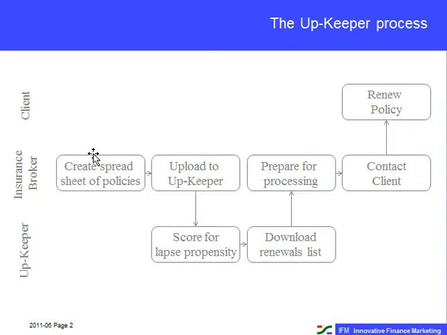I'm going to assume that you've seen the prior screencast about the methodology we used to develop the scoring models, and you'll know from that we need historic data of both lapsed and current policies, unlapsed policies, renewed policies, as well obviously as the policies you want to score, ones that are coming up for renewal. Then there's a process of uploading that to Upkeeper.